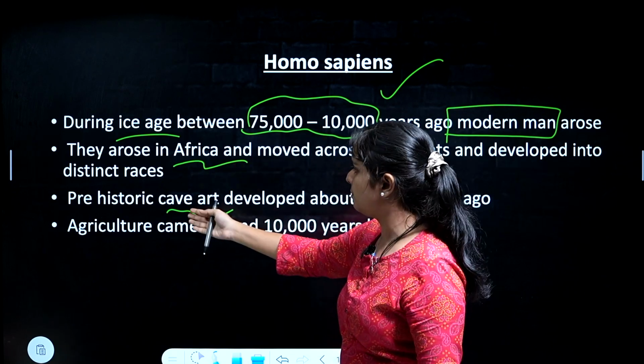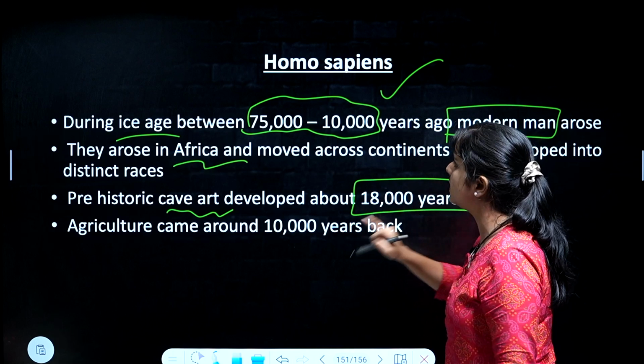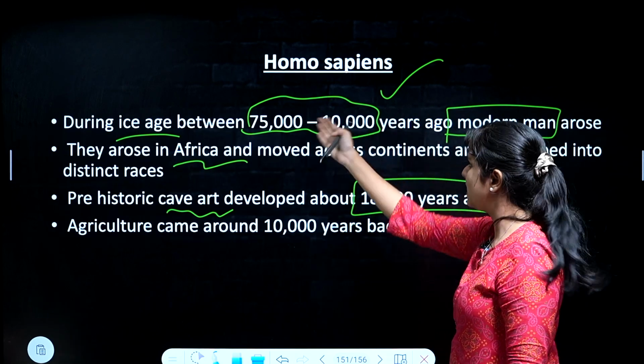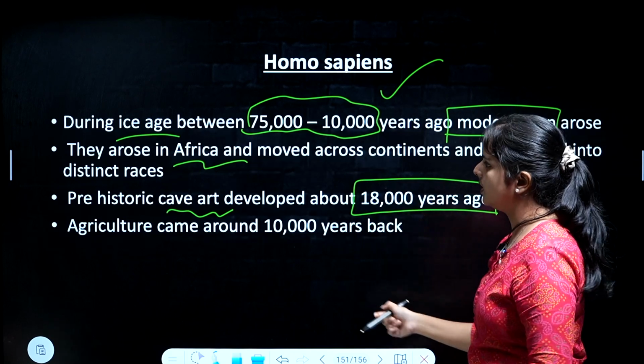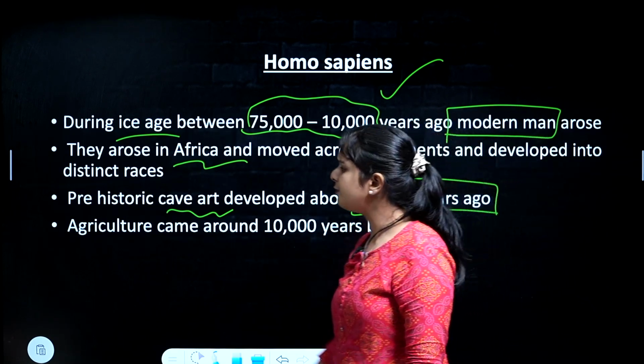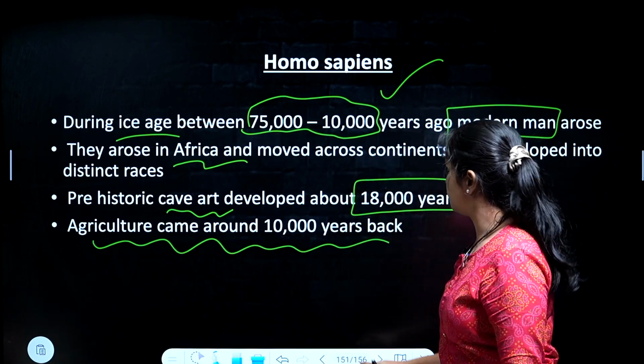So cave art developed during the Homo sapiens period about 18,000 years ago, after the evolution of modern man. Okay, so modern man evolved 10,000 years ago, and somewhere in between, 18,000 years ago, is where cave art came into life, and agriculture came around 10,000 years back. Okay, so these are points that you should actually remember.